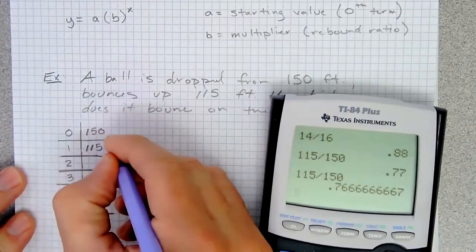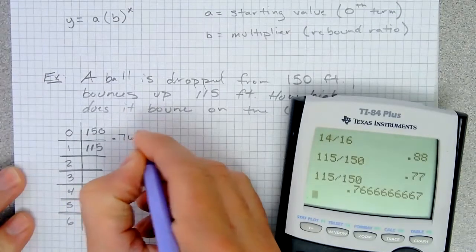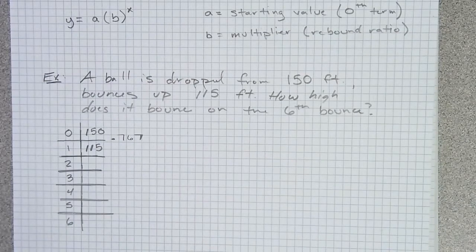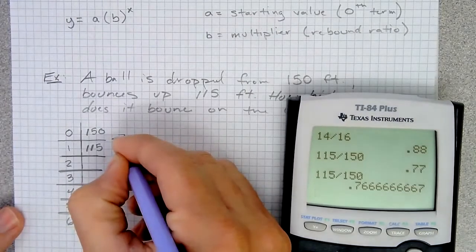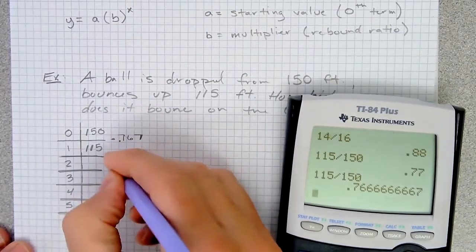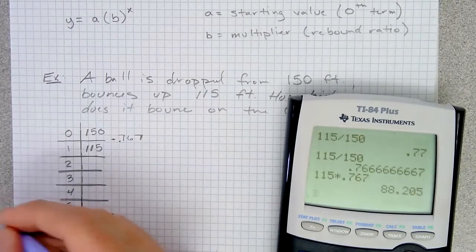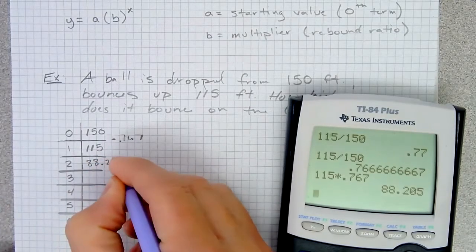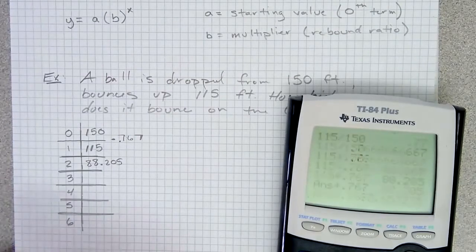We'll go with a rebound ratio of 0.767. All right. So that's our rebound ratio. If we want to find the next one, we would take 115 and multiply it by 0.767. And we'd get 88.205. We'd want to multiply that by 0.767.